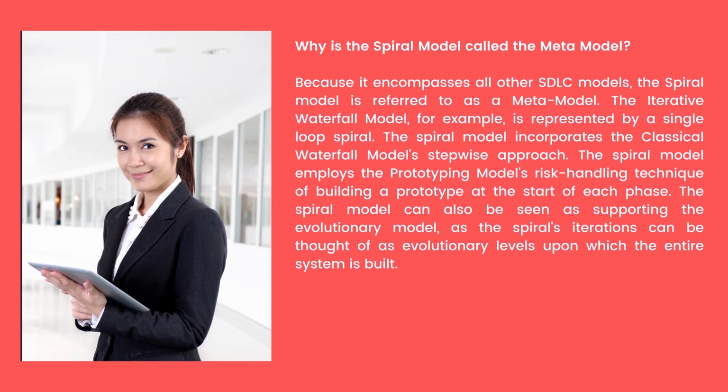The spiral model employs the prototyping model's risk handling technique of building a prototype at the start of each phase. The spiral model can also be seen as supporting the evolutionary model, as the spiral's iterations can be thought of as evolutionary levels upon which the entire system is built.